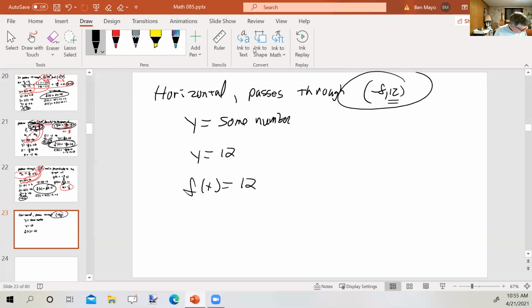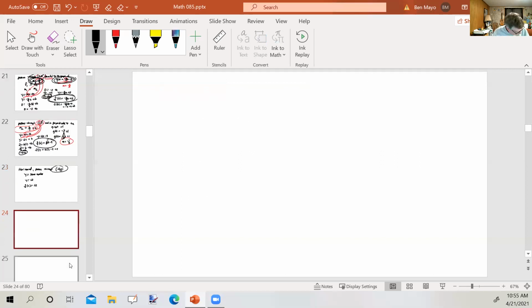All right, now let's take a look at a story problem. This says, nurses. The demand for full-time registered nurses in the United States can be modeled by a linear function. So y equals mx plus b.